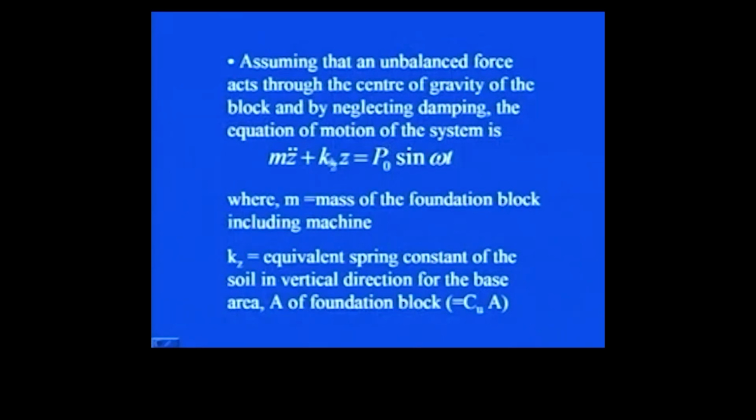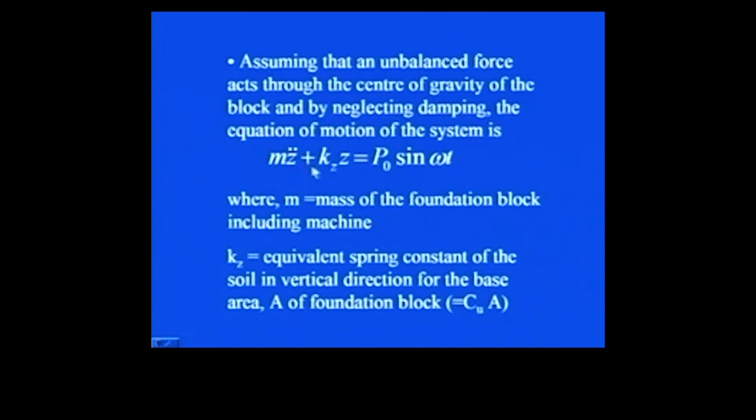So, you can see here that this was the external force, this is the force in the system due to the spring representing the subsoil with stiffness Kz, and m into z double dot is the inertia term, where z double dot is the acceleration, the twice differentiation of z with respect to time.